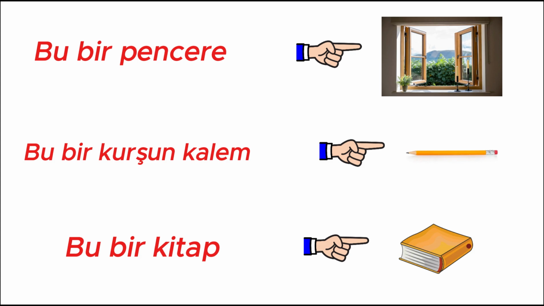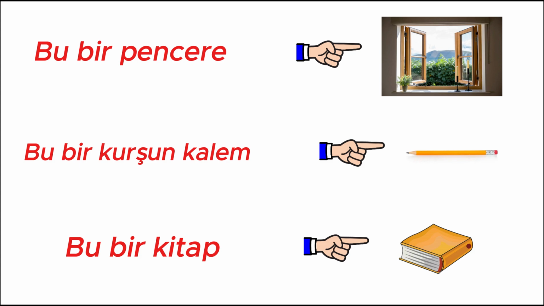Bu bir kitap. This is a book. Bu means this. Bir kitap means a book. Bu bir kitap means this is a book. So, as you noticed, we do not use the auxiliary verb "is" in Turkish.